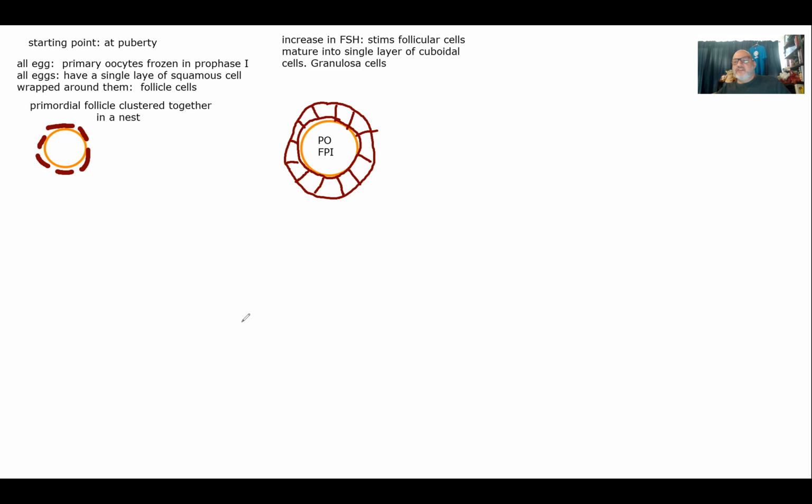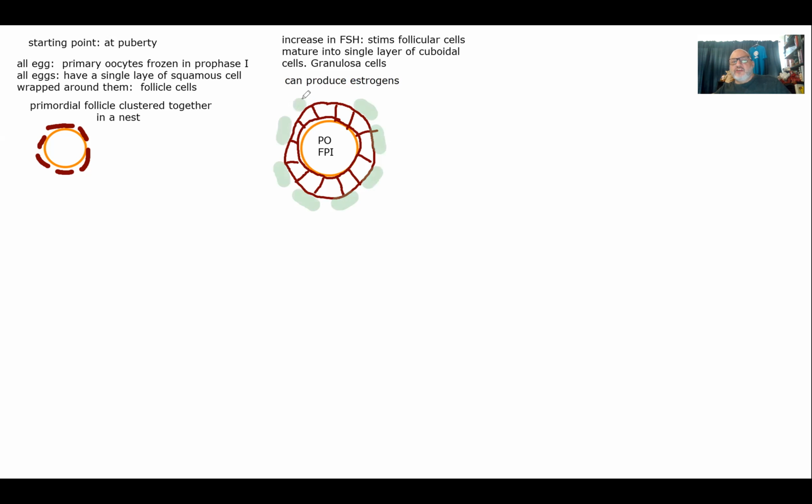The follicular cells have become granulosa cells, and granulosa cells can produce estrogens. Now, of course, remember, to make estrogens, we have to start having the formation of thecal cells on the outer surface.